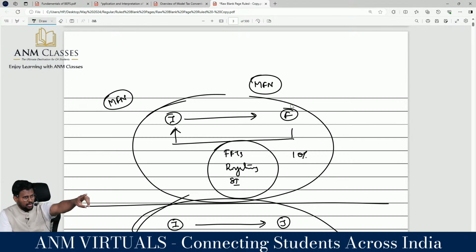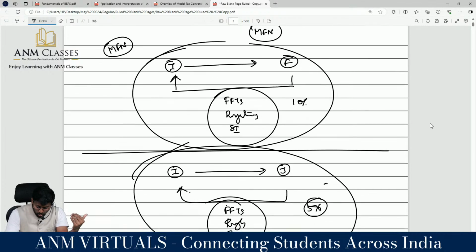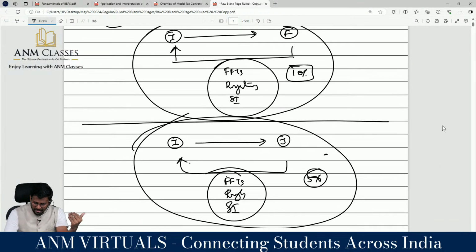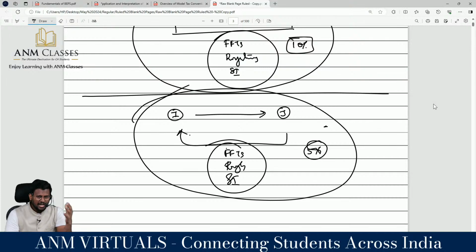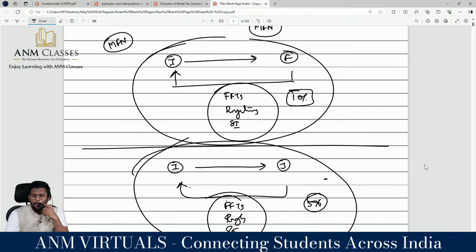So tell me, if a France person has received any fees for royalty or technical services from India, it will be taxable at the rate of 10%, right? But if a Japanese person has received any fees for technical service or royalty, it will be taxable at 5%. First, India ended a DTA with whom?